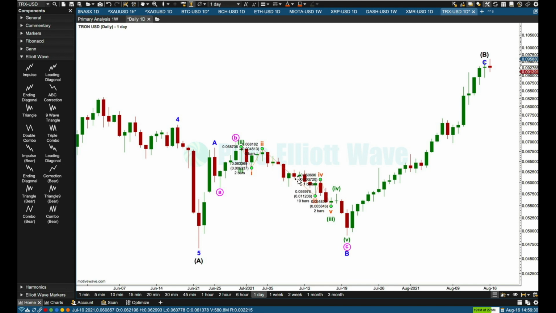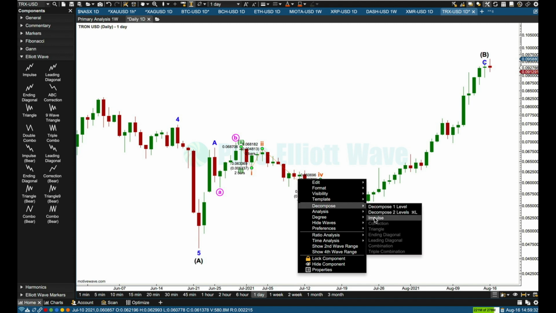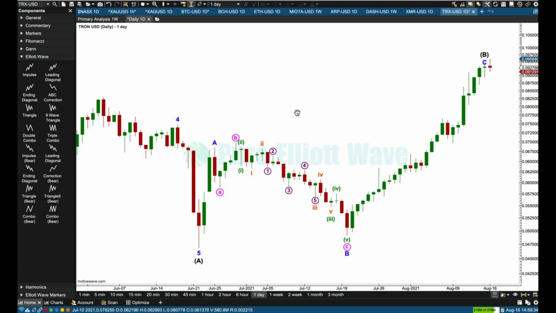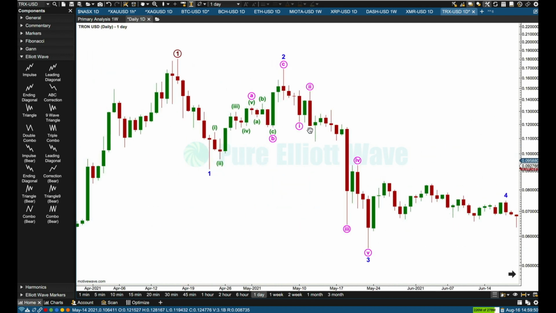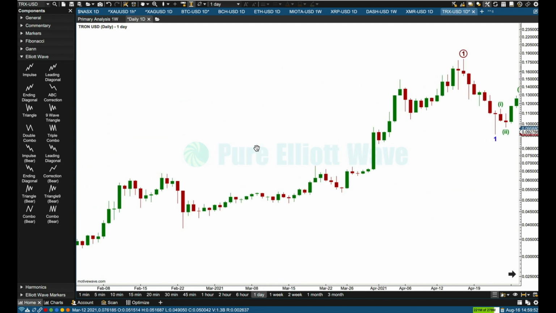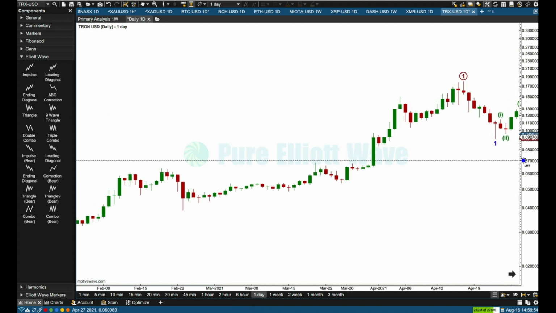This part fits really well. The third wave within the third wave within the third wave is extended. That's good. I didn't want to leave the 1 down here because looking at this green candlestick, this would have been a zigzag. That would have been really hard to see as a 5. So that is a really good fit. Come back to that 4 later. Okay with that 3. I don't want to spend time on primary 1.